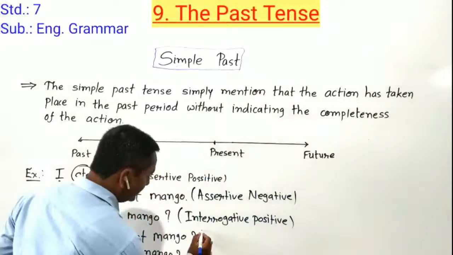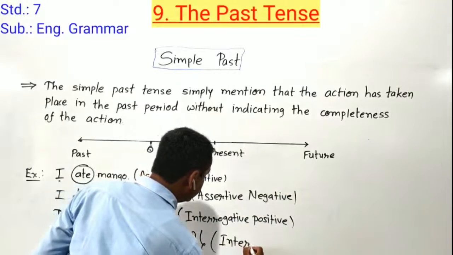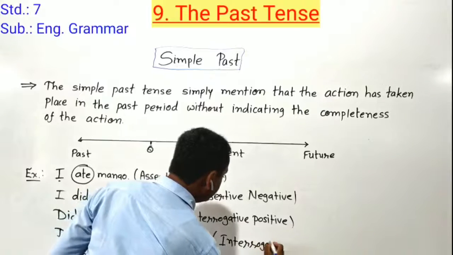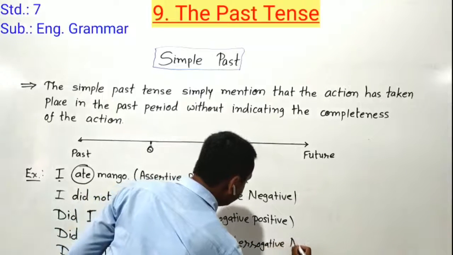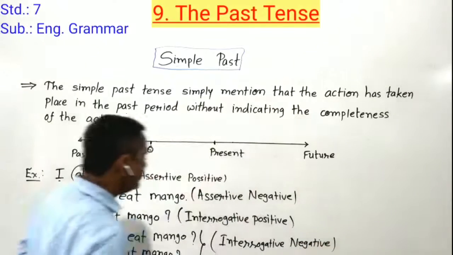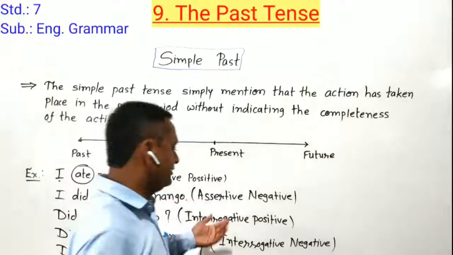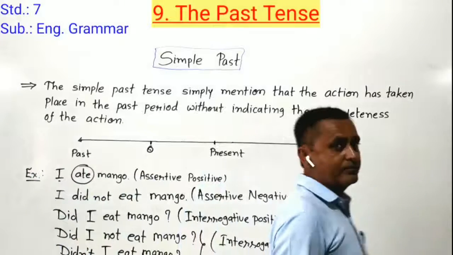Both sentences are known as interrogative negative. Can you understand, students? So here I converted the sentence into assertive, negative, interrogative positive, and interrogative negative.